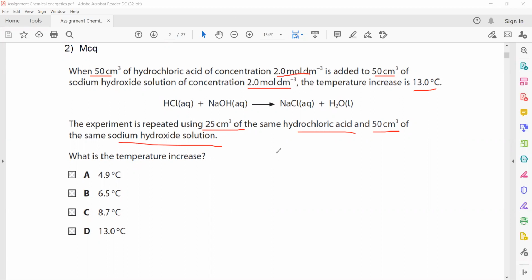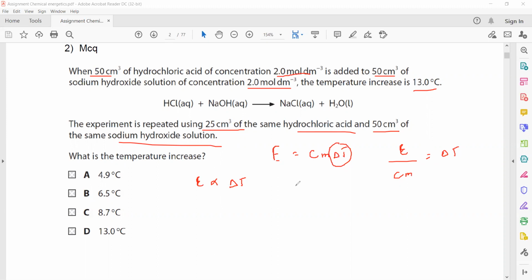So how can we relate the enthalpy change or the energy change with mass and temperature? We have the formula E equals Cm delta T. If we make delta T the subject, we change the equation to E divided by Cm equals delta T. What this equation shows is that the temperature change is directly proportional to energy release or the number of moles, because the greater the number of moles, the greater the energy release.